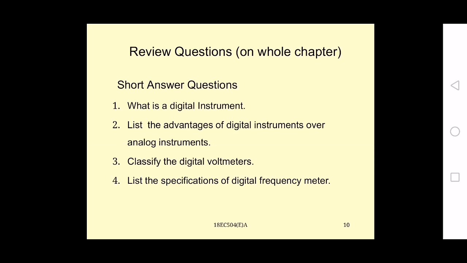For n bits, it will take n clock pulses to arrive at the final value of your input voltage. So that is the main advantage. If it has 4 bits, it will take 4 clock pulses to arrive at the final value.